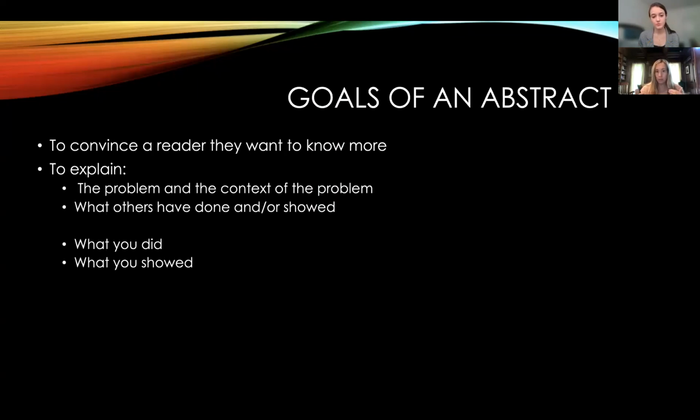Usually that's a materials and methods type comment: I did this type of experiment. And then, what did you show? What were your major results? And then, what does it mean? Usually one sentence at the end that puts it into a broader context.